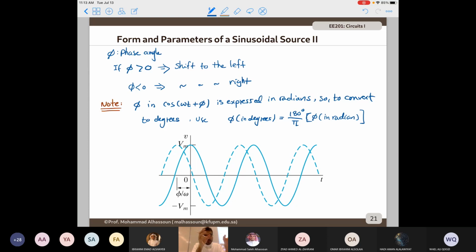You take the angle, multiply it by 180, and then divide it by pi, and this will convert the angle from radians to degrees. So radians is the actual unit. Degrees gives you a better visualization of the angle.